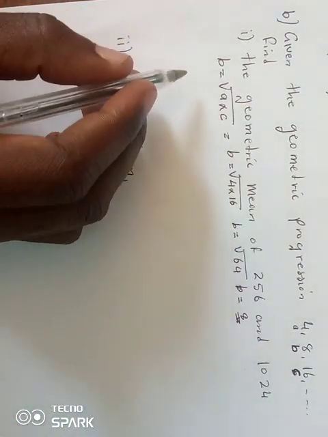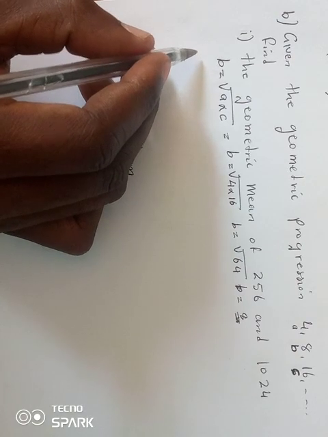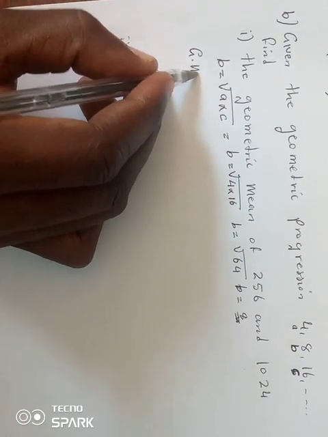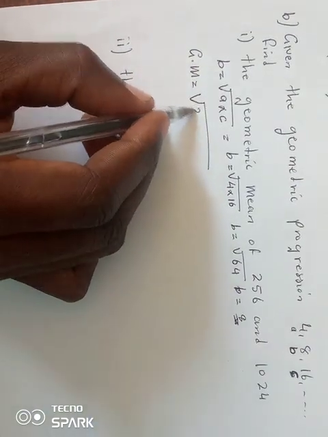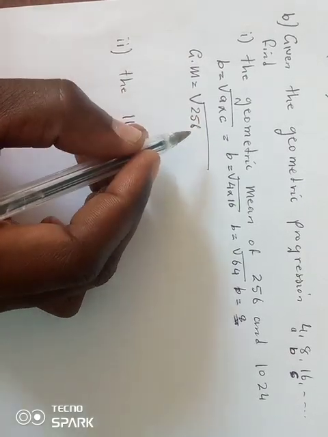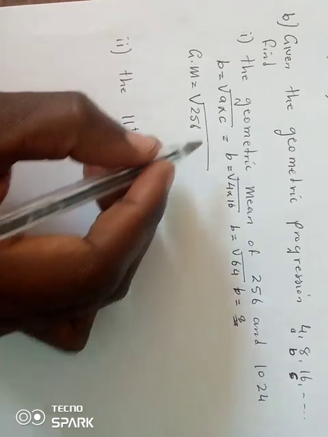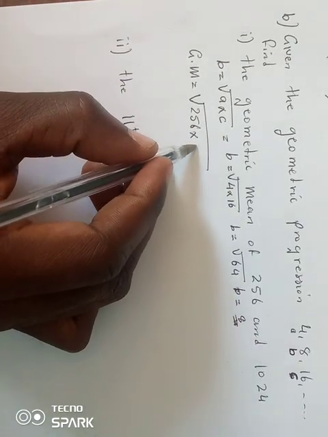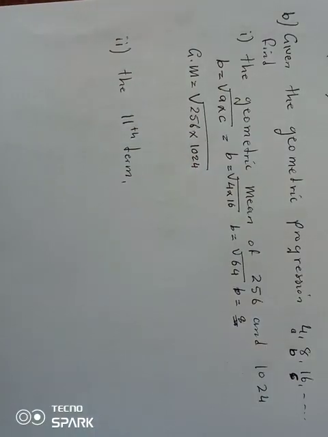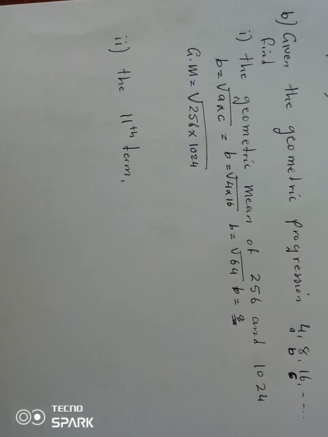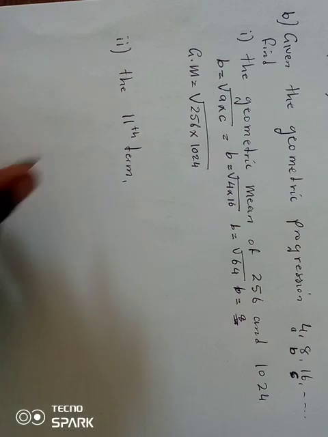So therefore, we are going to find the geometric mean, which is equal to the square root of 256 multiplied by 1024. Okay, so for this one you can use a calculator to find this number.